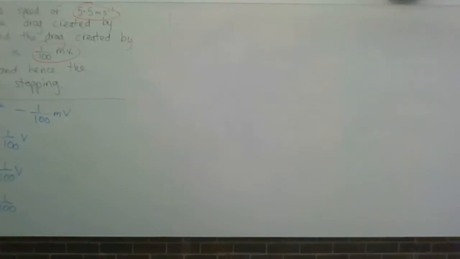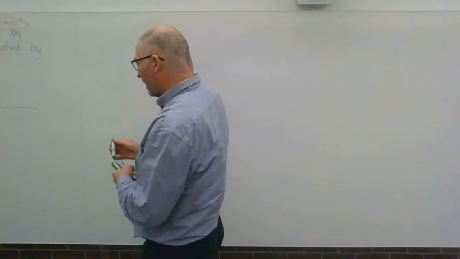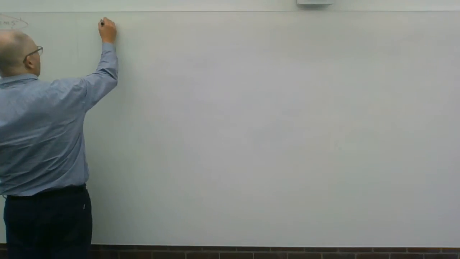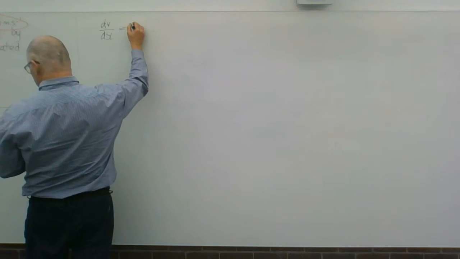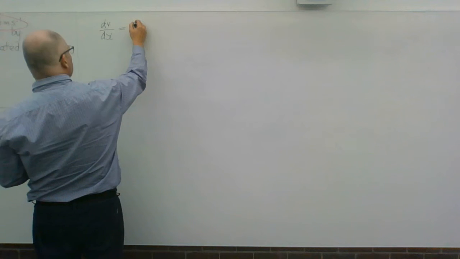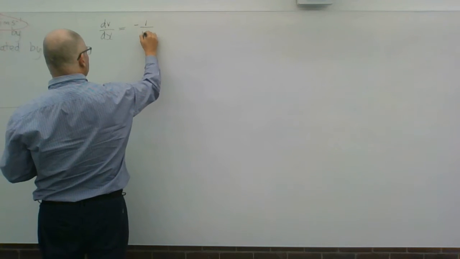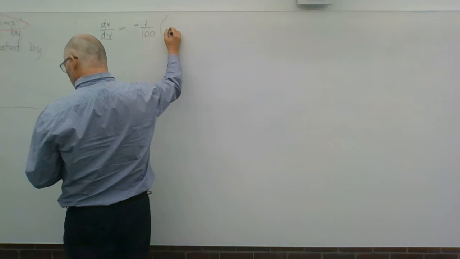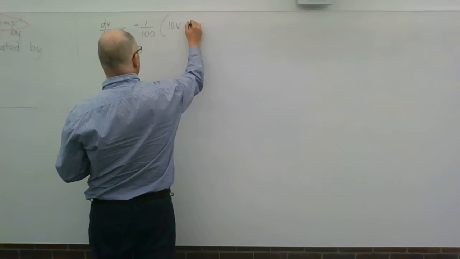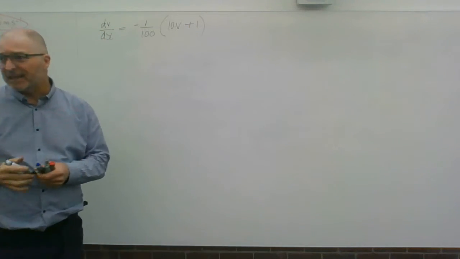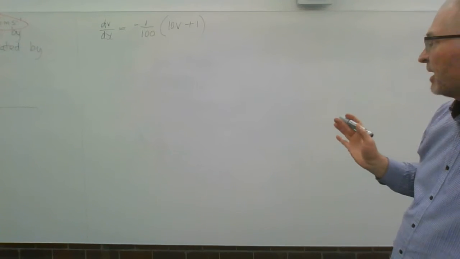So I'll need a bit of room over here. I was at the point where dv/dx is equal to minus 1/100 into 10v plus 1. That's basically what I've got.